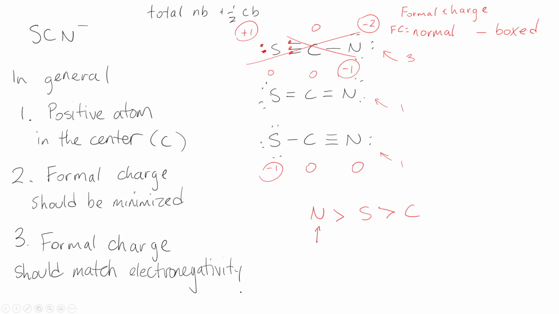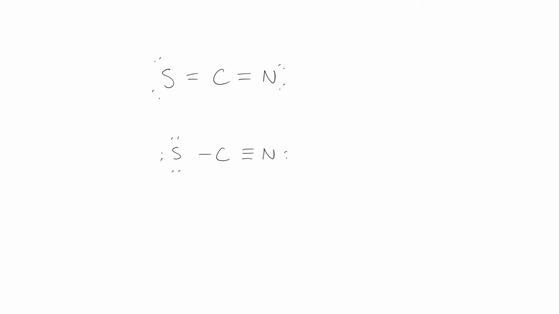And so if we take a look at those two resonance structures, where we had electrons like this, and then electrons like this, if we look at the bonds, we notice that we gained a triple bond over here. We lost a double bond over here.